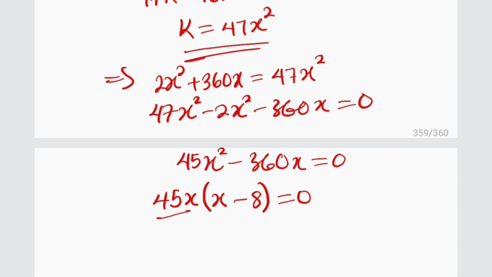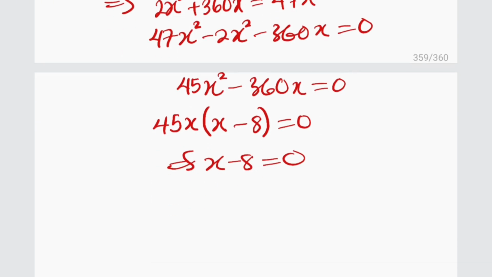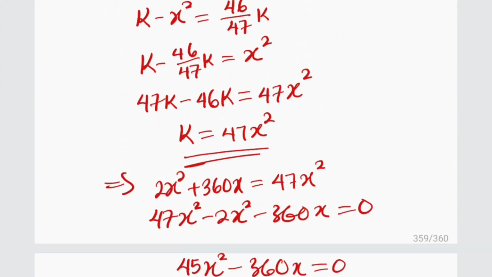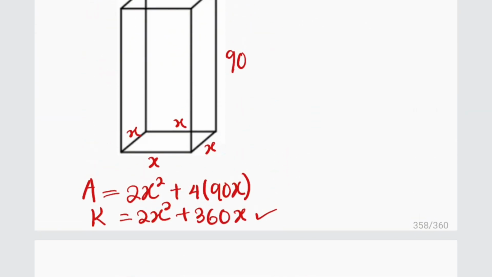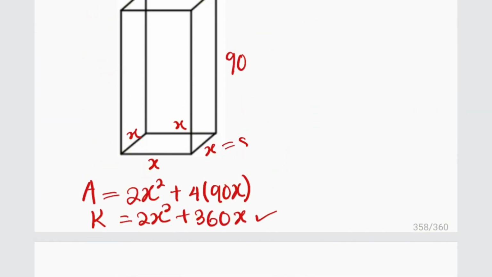But remember, x is a side length, and a side length is always positive. Times 45, it will remain greater than 0, which implies that x minus 8 has to be 0. If you solve for x here, you have x equal to 8 centimeters. Therefore, the side length of that square base is 8. Every side here is 8.